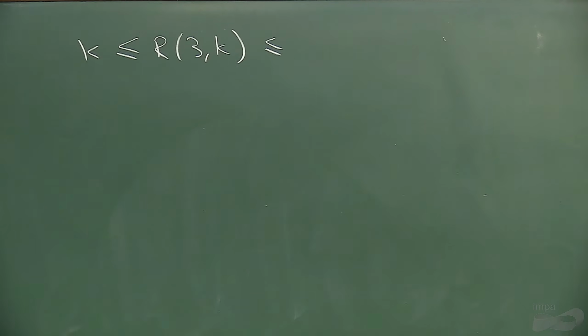R(2, k), so usually the upper bound. If you have k vertices, if any of the edges is red, that's already a red K_2. So if you don't have that, every edge must be blue, but in that case you have a blue K_k if you have k vertices. Okay, let's try and prove something from above. What can we prove from above?